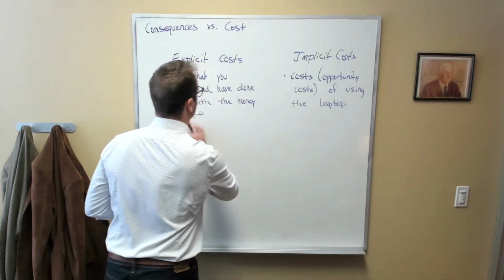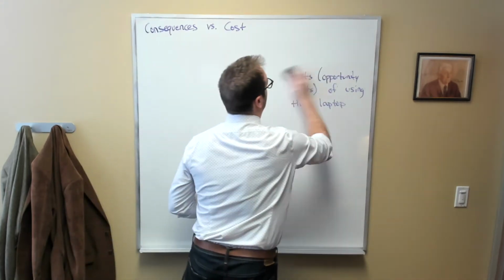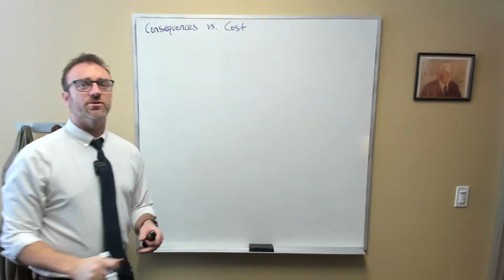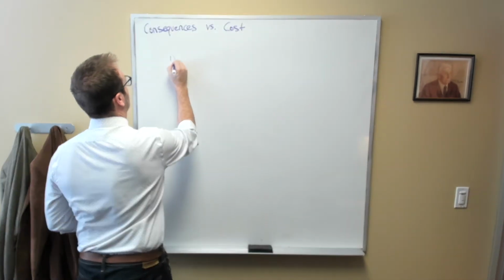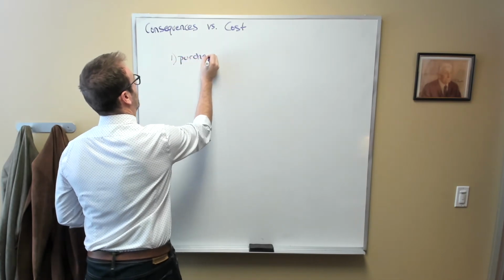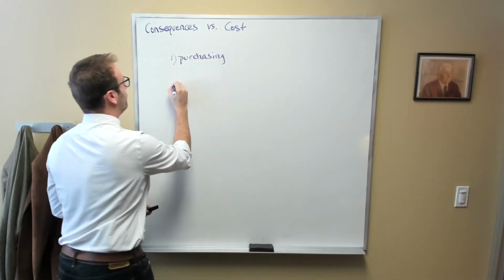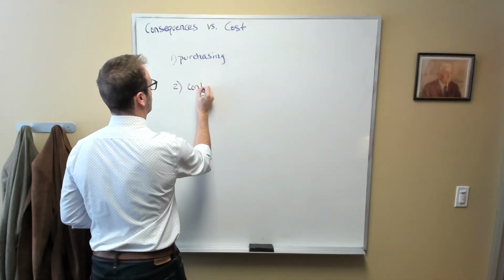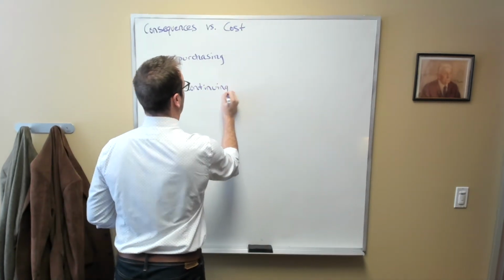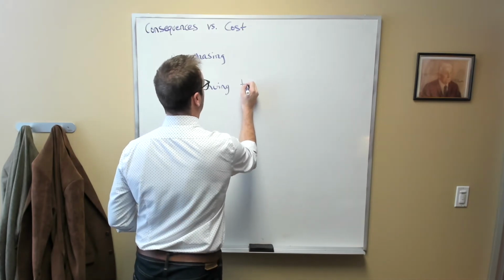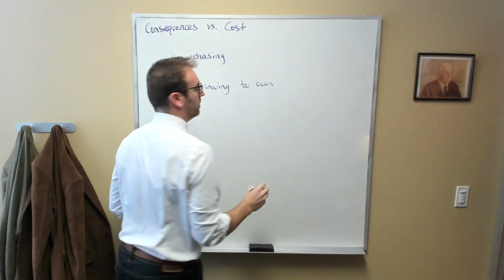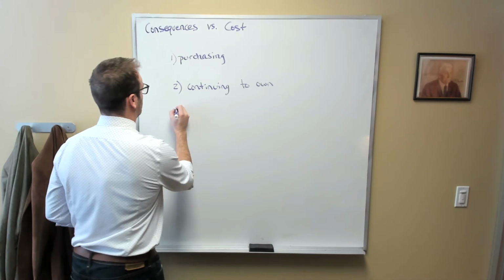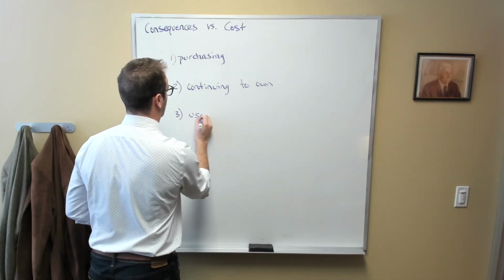Okay, so activity number 1 might be considered just purchasing the laptop. 2, we can think of continuing to own, because after all, once you've bought something, you could sell it. And 3, the last one, you can use the laptop.